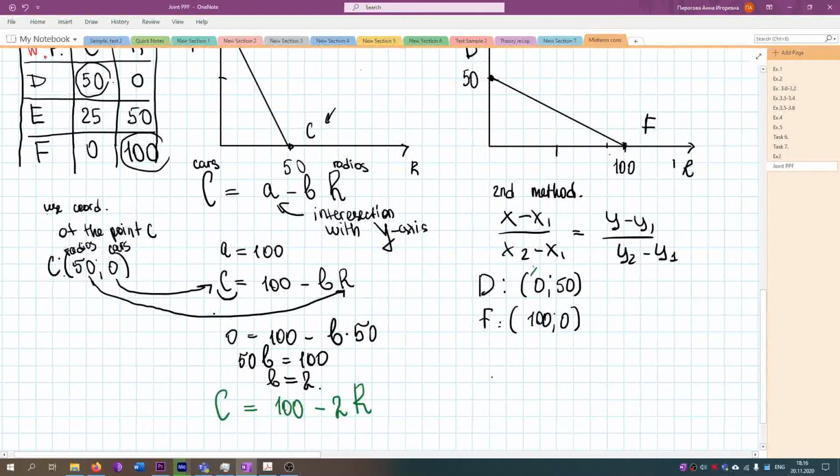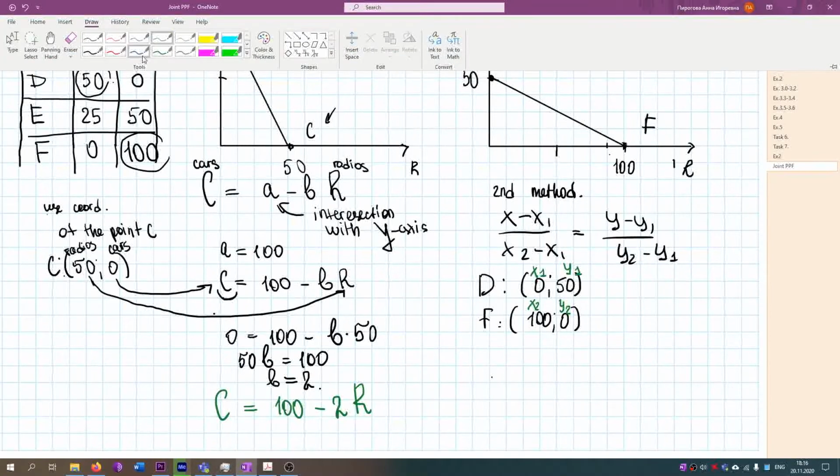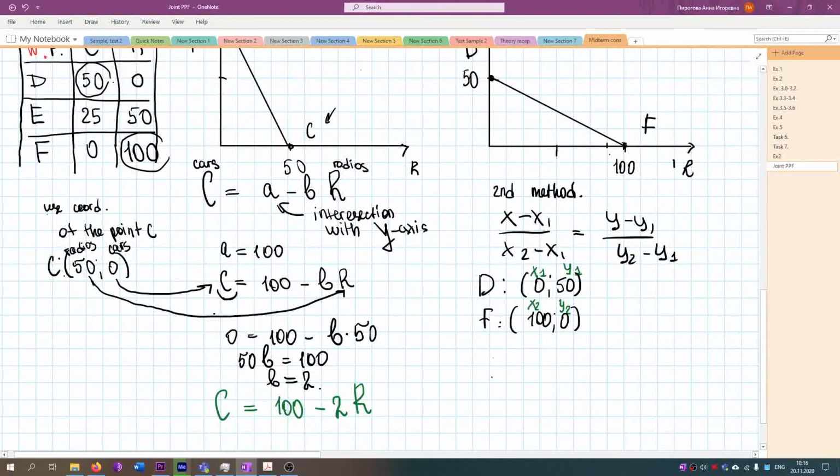So this coordinate is x1, this coordinate is y1, this coordinate is x2, and this coordinate is y2. So now let's write our equation.